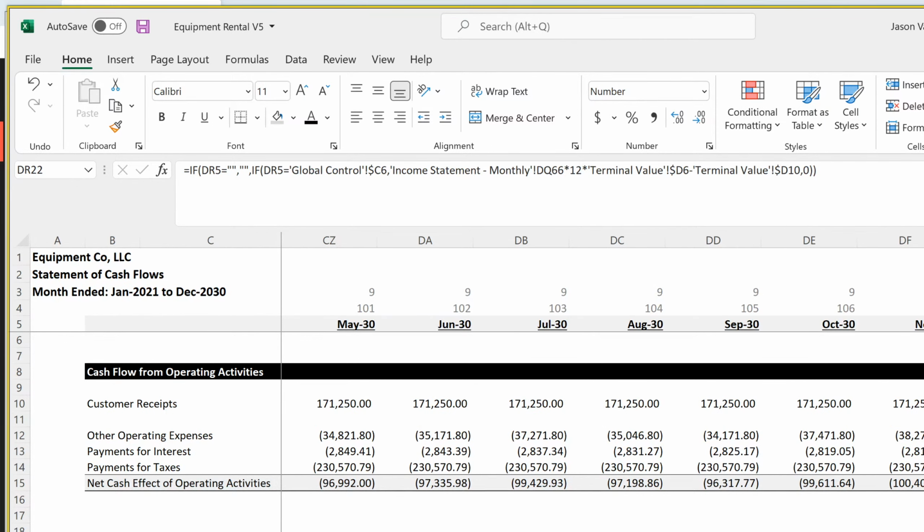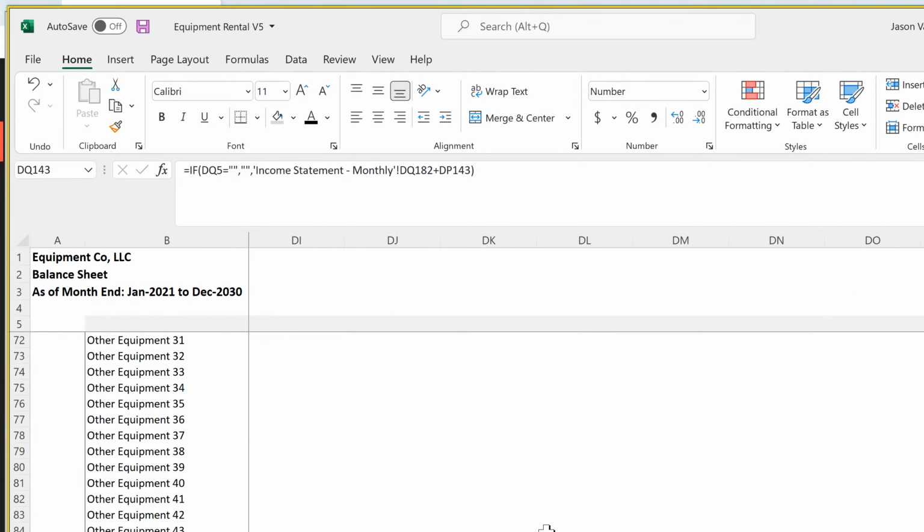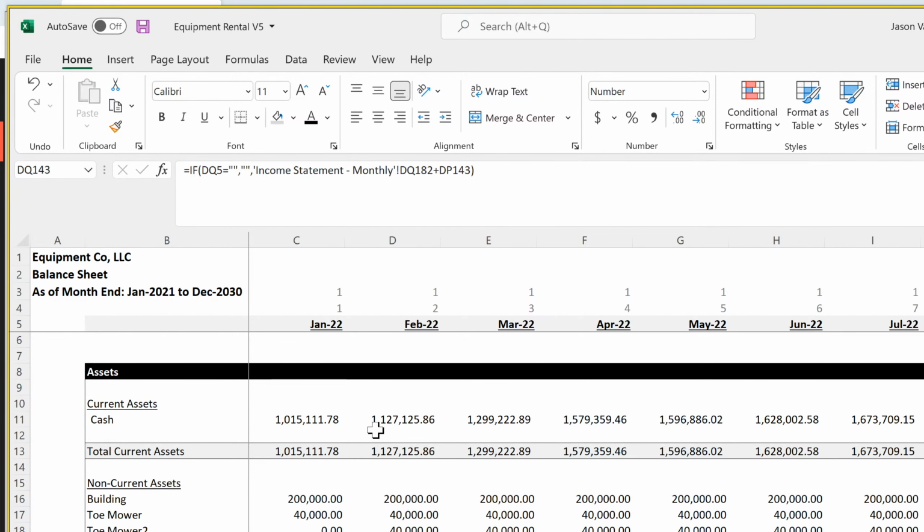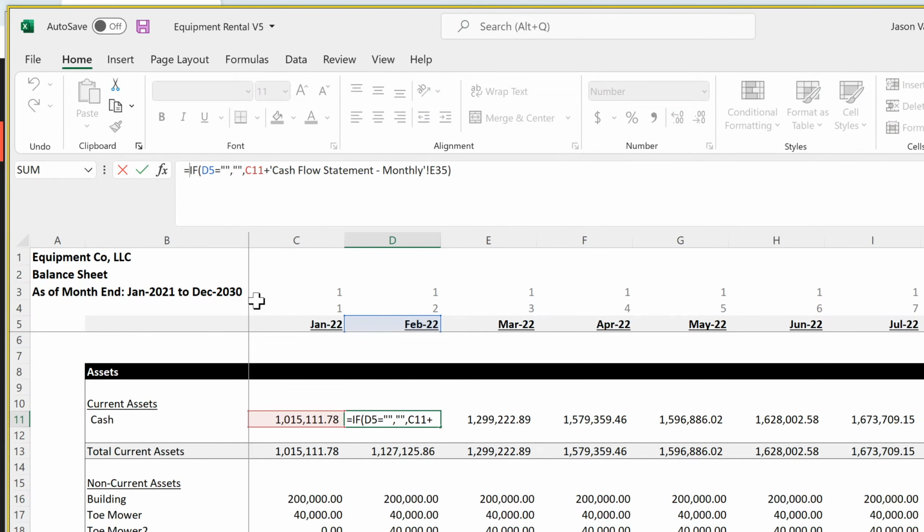Okay, so it looks like it's just trying to reference a blank. So I'm going to do another IFERROR.